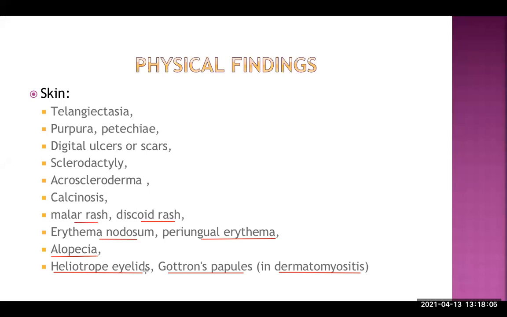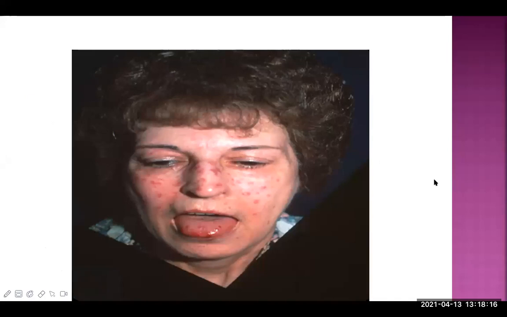There is thickening and redness of the skin. This is known as Gottron's papule. Now see this. This lady has different types of rashes on the face, and she has some ulceration on the tongue also. This is one of the important features of connective tissue disorder: oral ulcers and skin rashes.